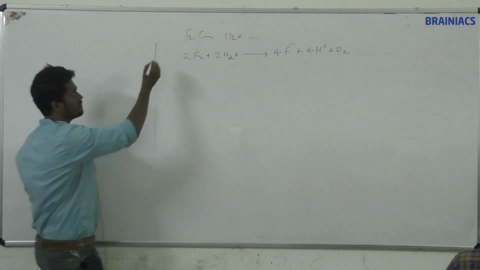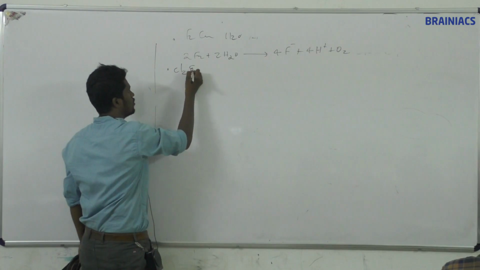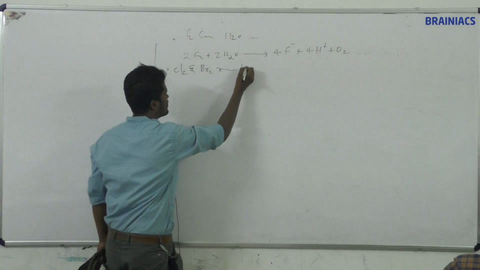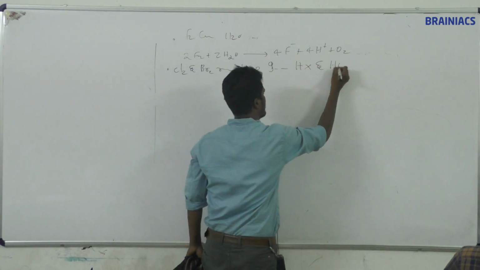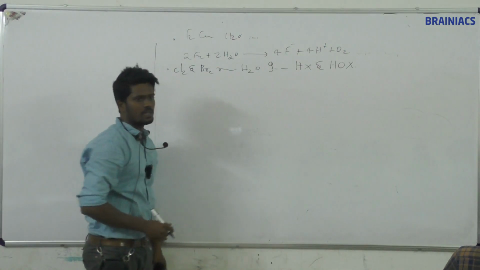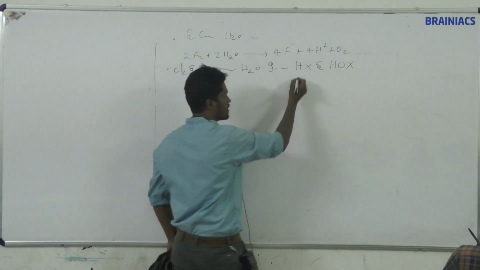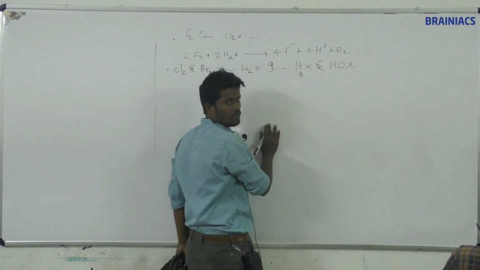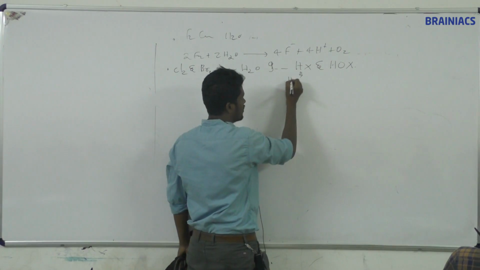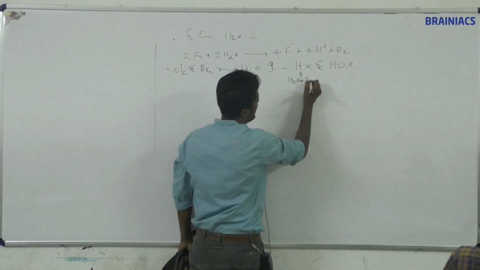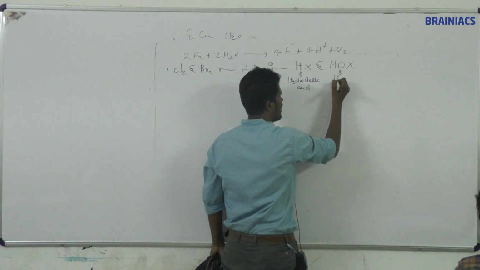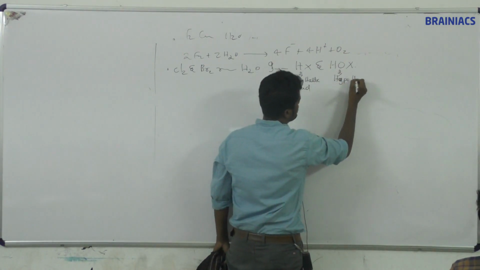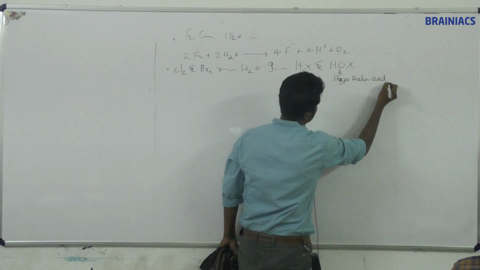Okay, so Cl2 and Br2 reacting with water gives HX and HOX. HX is HCl, hydrohalic acid. So what is HOX? Hypohalous acid.